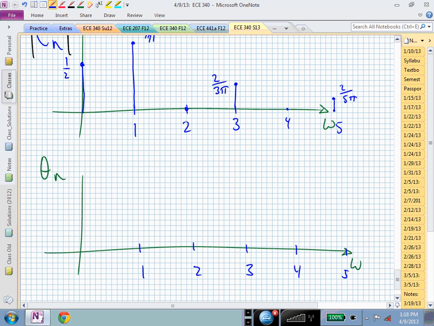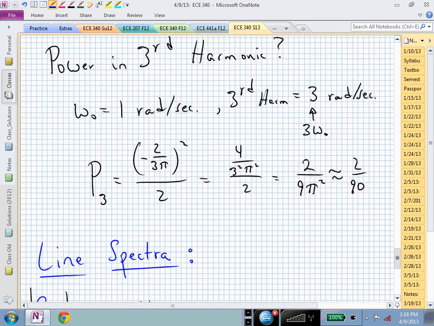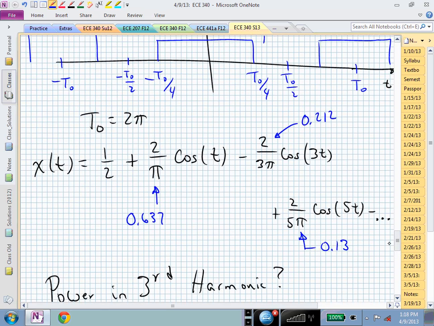What was the angle at DC? It was 0, but can you see how you might have an angle at DC? If this was a negative, you could now say, oh, that's 1/2 cosine of pi, or 1/2 cosine of minus pi, and now you might have an angle at DC. Is that clear?